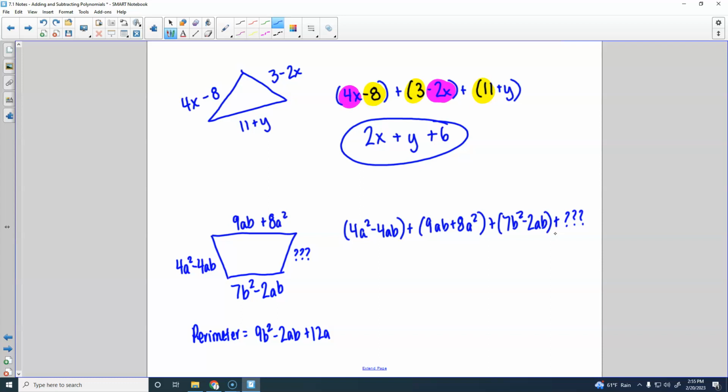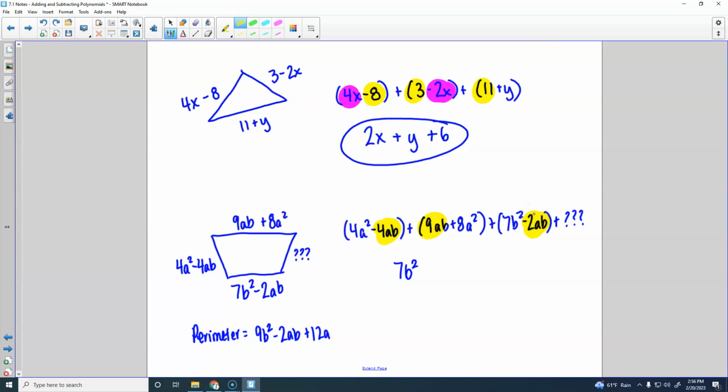So I am going to put the b first. The only reason I'm putting the b squared first is because I'm looking at the perimeter here and I see that the b squared is first there. So I've got 7b squared. Then let's put together those like terms for all the ABs.